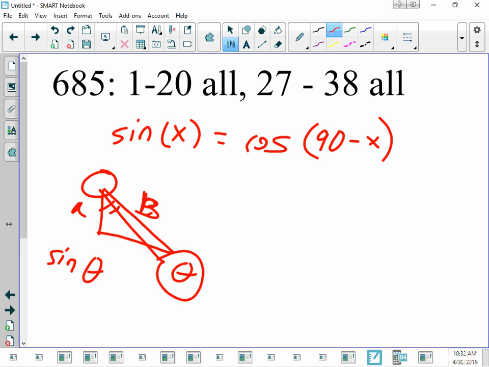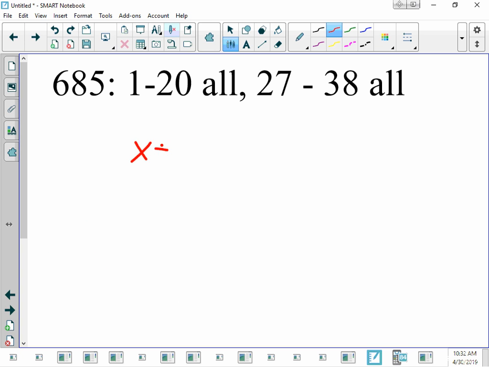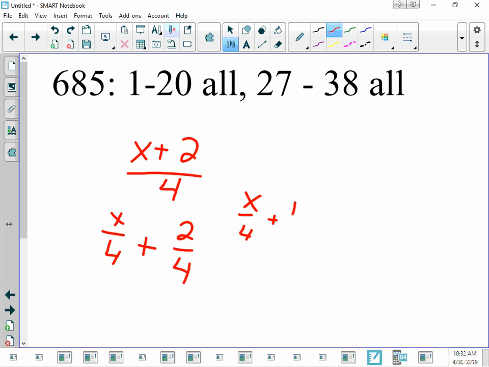So if you had something like x plus 2 over 4, how do you split that? It's the opposite of finding a common denominator, essentially. It would be x over 4 plus 2 over 4, which becomes x over 4 plus 1/2.